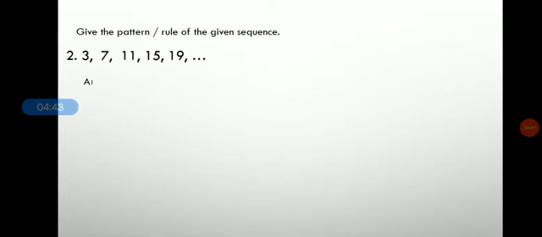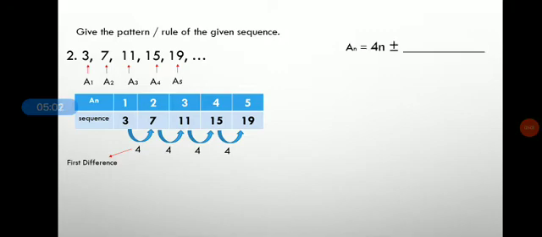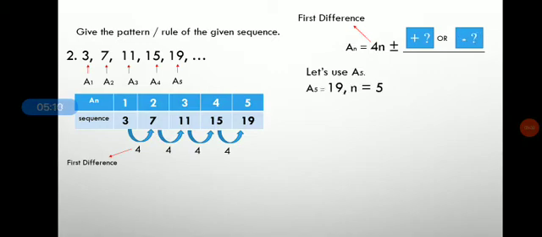Next example, we have also our a sub 1, a sub 2, a sub 3, a sub 4, at a sub 5. Gamit natin yung table, let us get their common difference o yung tinatawag nating first difference. So dito, ang first difference natin ay 4. At ang 4 na yan, ang gagamitin natin to formulate a rule or a pattern. Ang tanong lang, is it to add a positive number or to add a negative number?